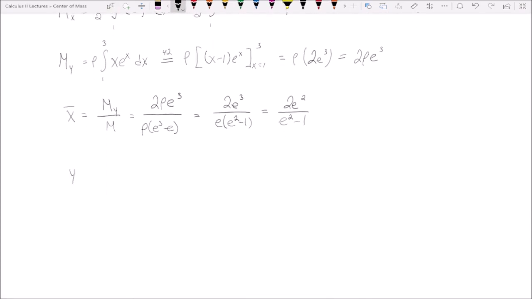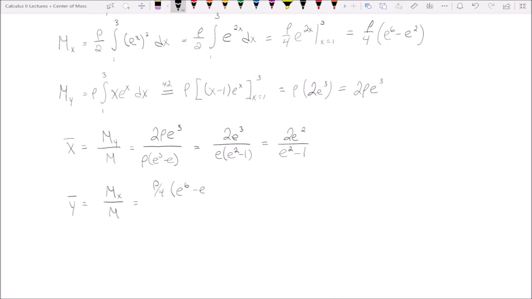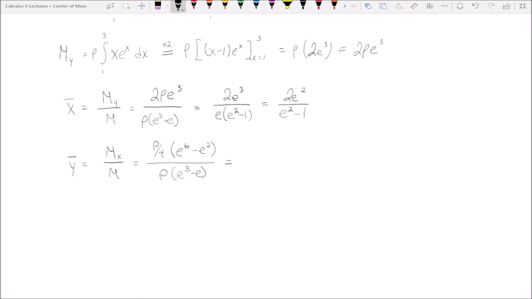For y bar, it's the x moment divided by mass. Right, x moment was rho over 4 times e to the 6th minus e squared, over mass, which was rho times e cubed minus e. Right? Rhos will cancel out. We can factor out an e squared from the numerator. We're left with e to the 4th minus 1 over 4e times e squared minus 1.